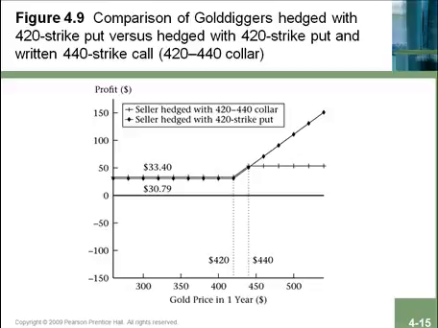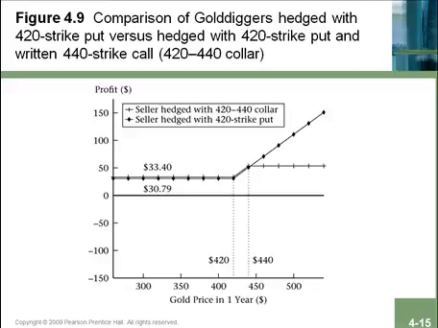So, the question again that you face is, are you willing to accept lower possible profits if the gold price goes down in exchange for potentially higher profits if the gold price goes up? That's the decision that you'd have to make. And those are the pros and cons of hedging with only the put or hedging with a collar.